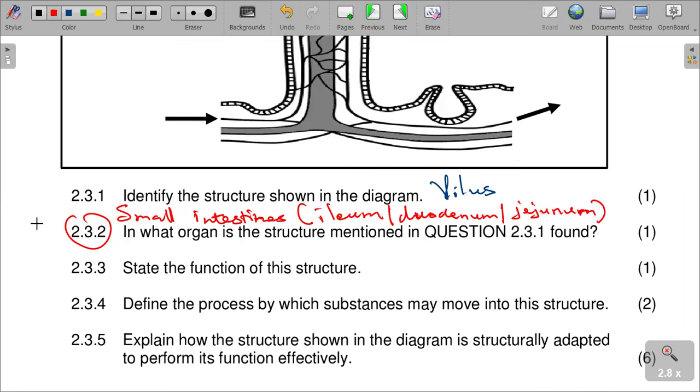What is the function? The function basically here is to increase the surface area for what? For absorption of digested nutrients.